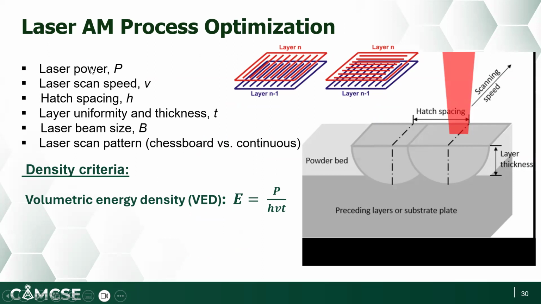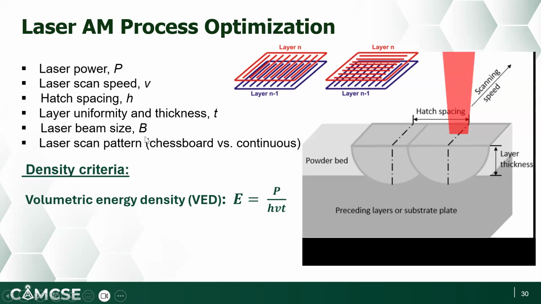The first is the laser power, the second is the laser scan speed, the third is the hatching spacing, the fourth is the layer thickness, the fifth is the laser beam size, and the last one is the laser scan strategy or laser scan pattern.